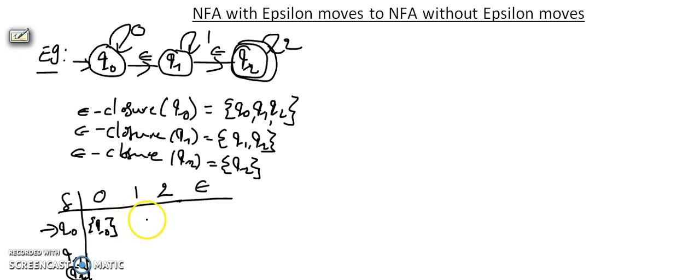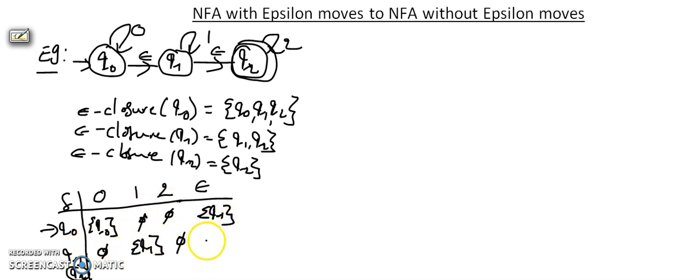Q0 with 0, so Q0 only. Q0 with 1, phi. Q0 with 2, phi. Q0 with epsilon, it will go to Q1. Same way Q1 with 0, phi. Q1 with 1, Q1 only. Q1 with 2, phi.